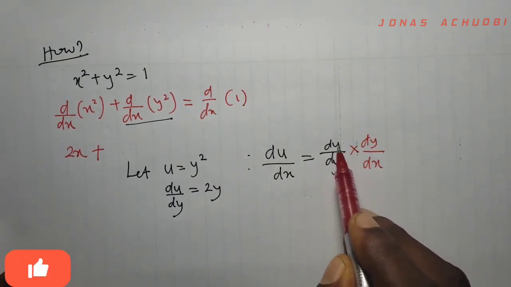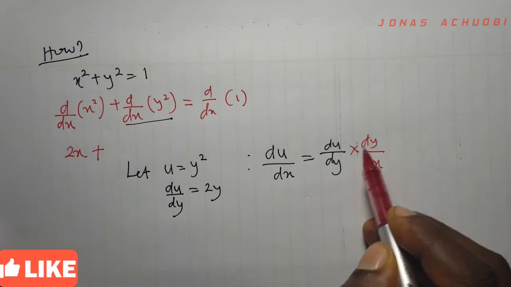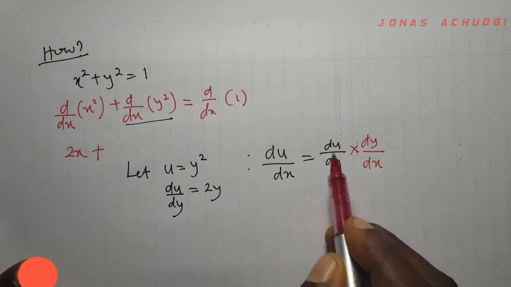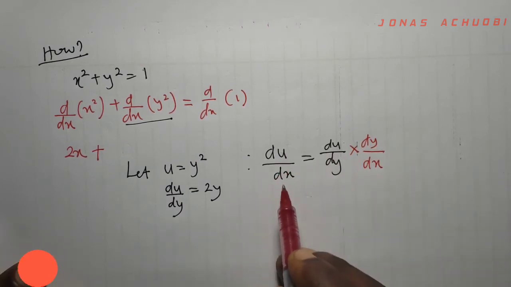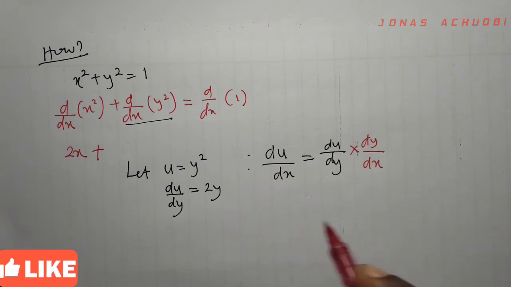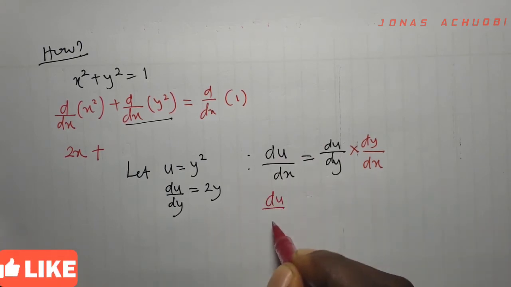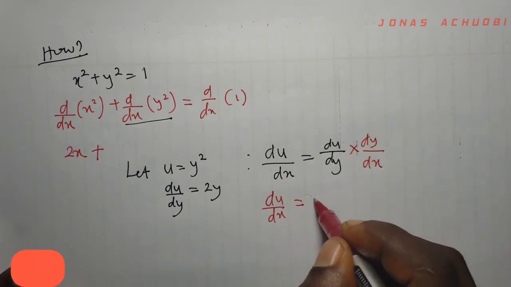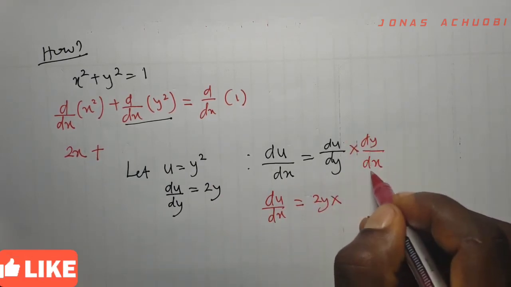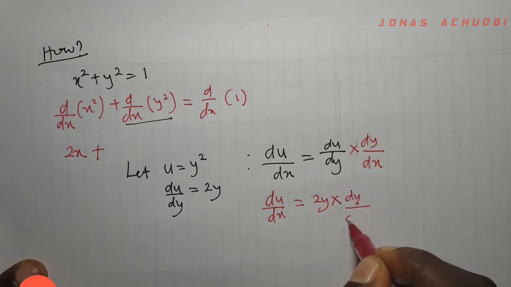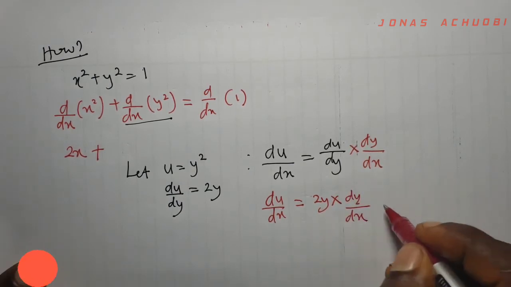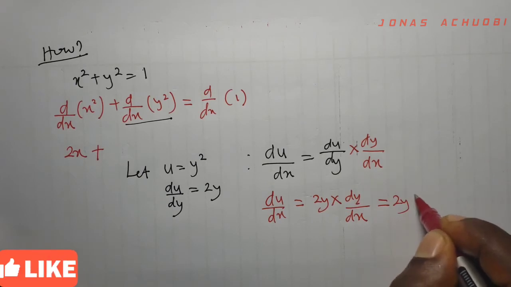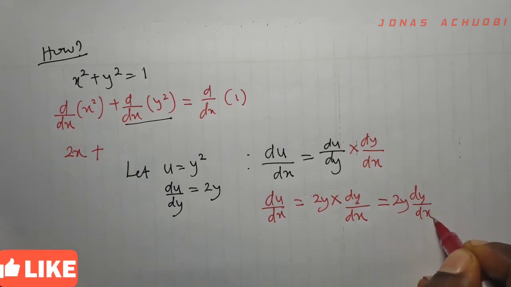If you multiply du/dy by dy/dx, dy and dy will cancel off, and what we have left is du/dx, which is what we're looking for. So du/dx will be nothing but du/dy, which is 2y, times dy/dx. The final answer there is 2y dy/dx.